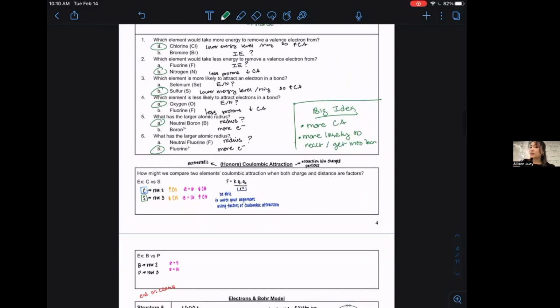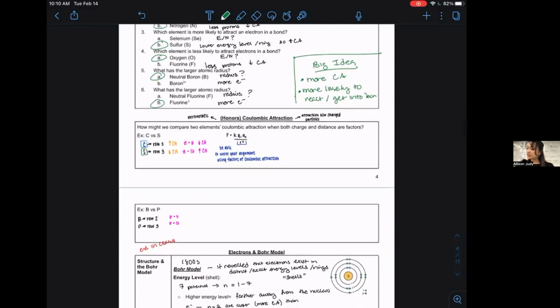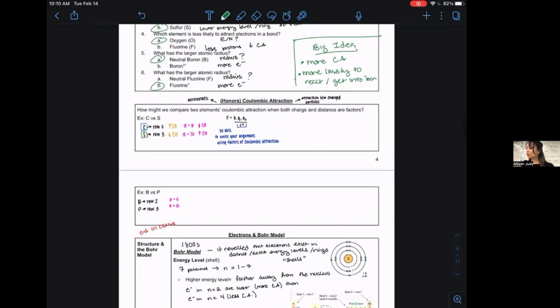Then the other thing you're going to be tested on tomorrow is your Bohr model. Using the periodic table, the basic model, general energy levels, where do the electrons go? And of course, what are the most important electrons, the electrons that help with bonding? Valence electrons, exactly.